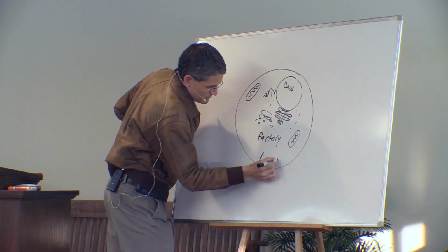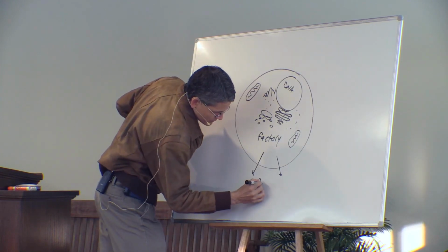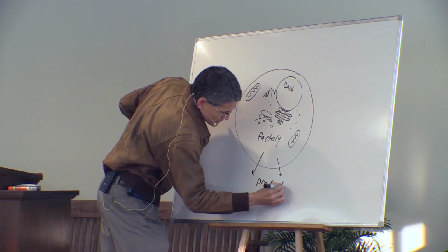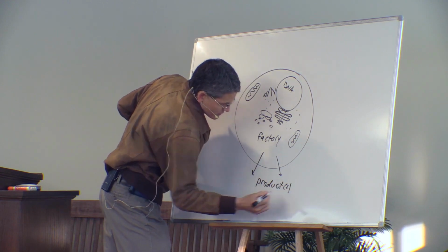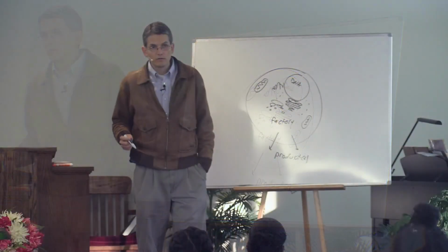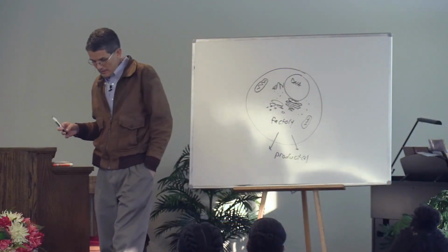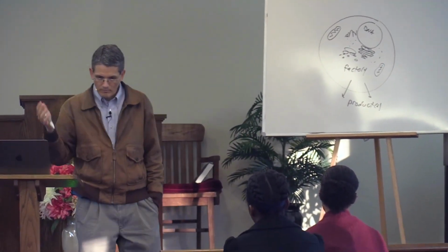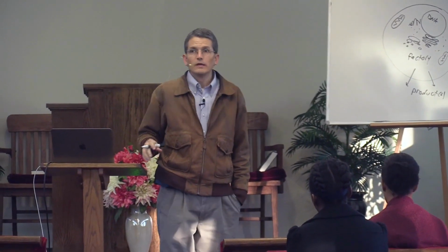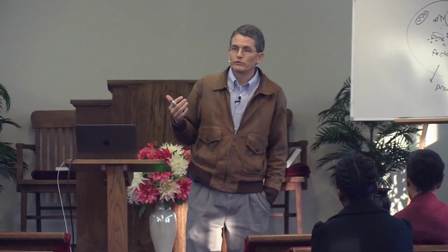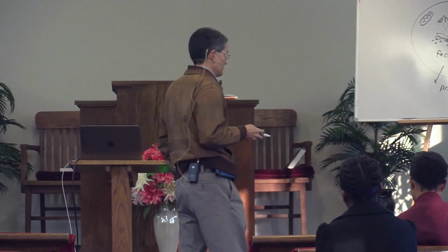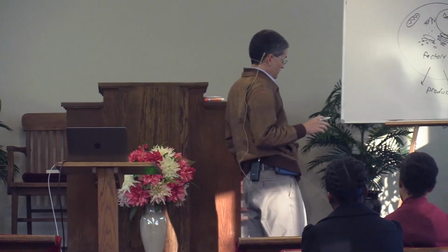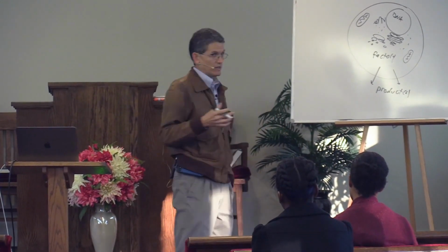And so your cells are also going to produce a product or products depending upon the type of cell that it is. And when we just consider this simple analogy of a factory, if a factory is going to produce anything, then there are a number of requirements that that factory has in order to produce something.